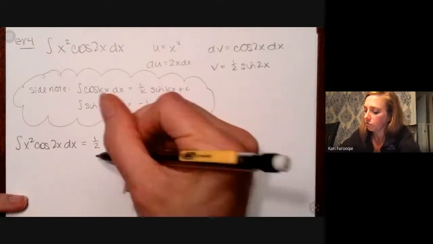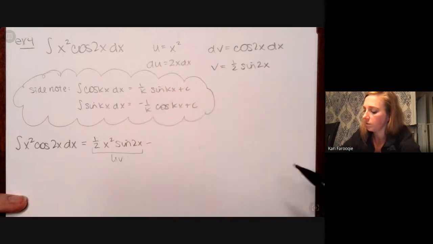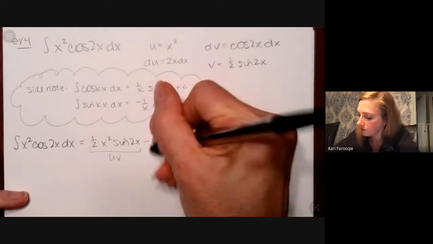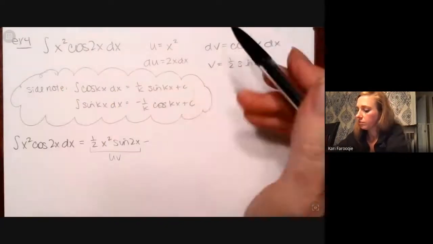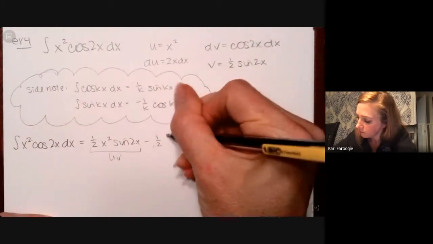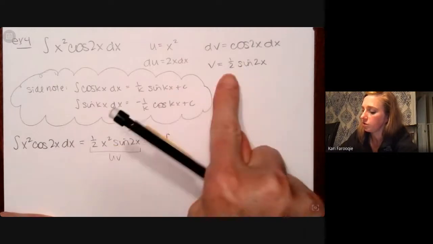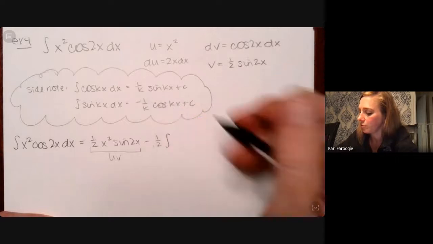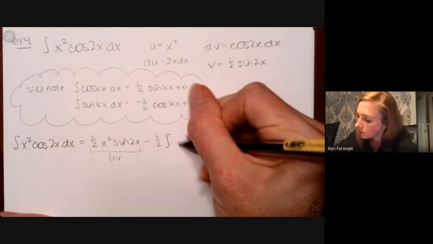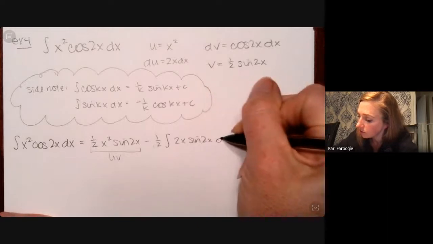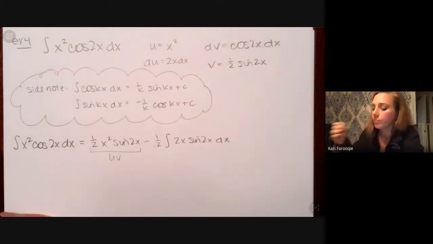All right, so that's uv minus the integral of v du. And you know what? There's not like a whole ton going on with your v du. So I'm going to pull this 1/2 out. And then your v du is going to be, oh, you know what? I still do have the 2, but that's okay. I'm going to write this one more time anyway. 2x sine 2x dx.